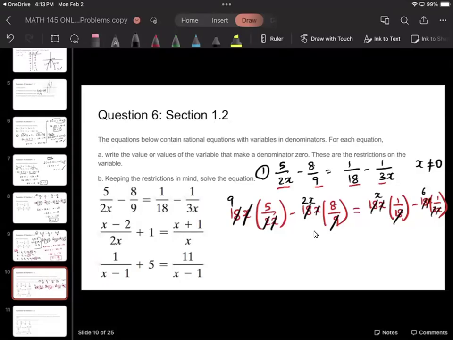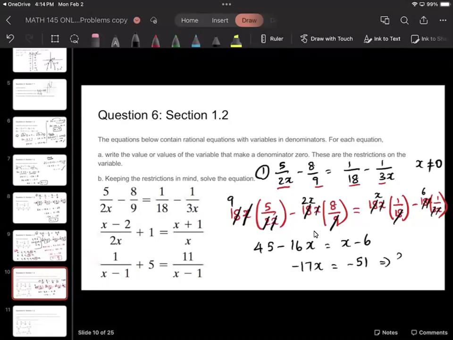So what am I left with? 9 times 5 is 45, minus 2 times 8 is 16x, equals x minus 6. So I have a linear equation. So I'm going to collect all the x to the left and all the numbers to the right. 45 plus 6 is 51.